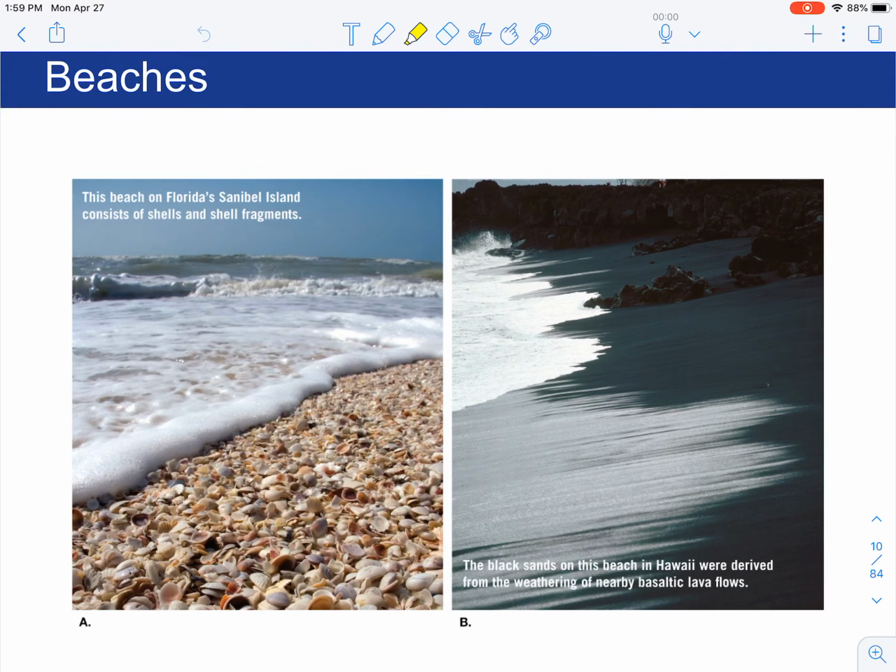Sediment can vary in size and shape and composition, obviously, because of what's being eroded or deposited. In Hawaii, for example, we have a lot of basaltic rock, and that basalt is black and enriched in iron and magnesium. So when waves erode that black rock, you get cool black sand beaches. They're really pretty. They get super hot in the summertime. In other areas like Florida's Sanibel Island, you get a lot of shells from nearby coral reefs and different ecosystems.